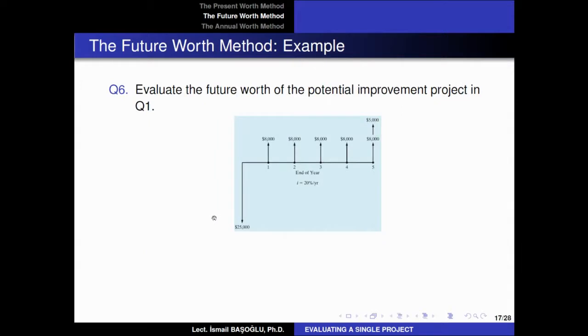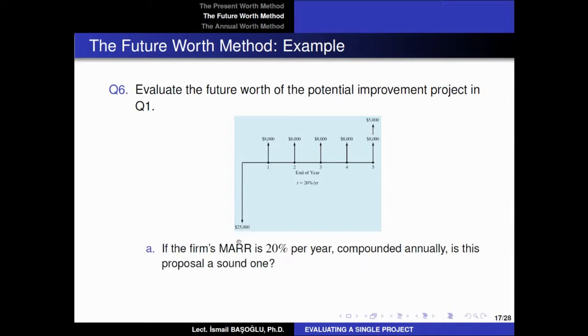Now let's solve question 1 again, but this time we are going to evaluate the future worth of this potential improvement project, not the present worth, but the future worth of it. And again, in part A, we are going to assume a 20% minimum attractive rate of return per year, which compounds annually.